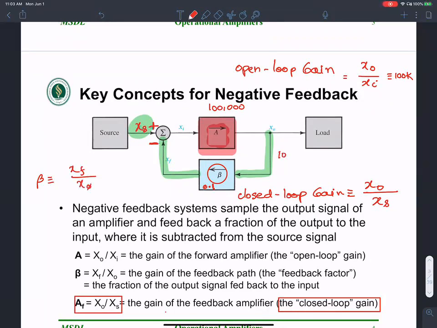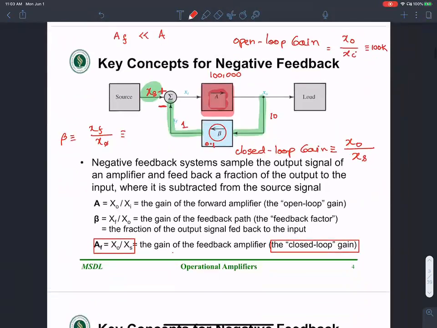Remember this was 10, this was 1, so beta was 1 over 10, or 0.1. A part of the output fed back into the input provides us with many, many advantages. You will often see that the closed loop gain AF is much smaller than the open loop gain A, and that's a good thing.